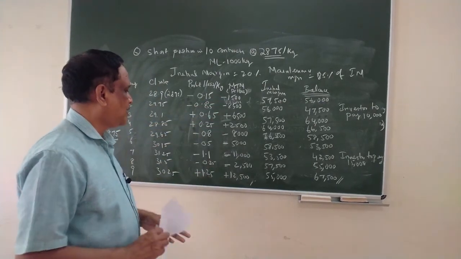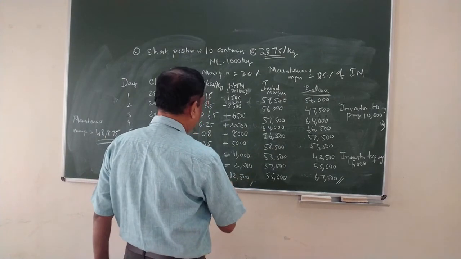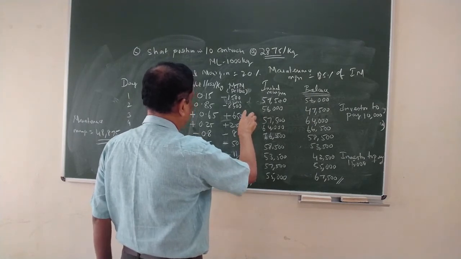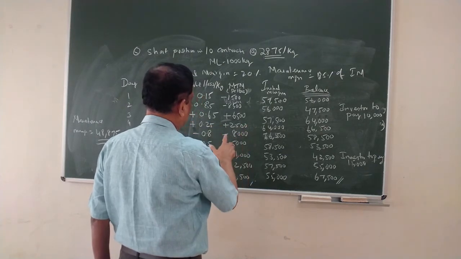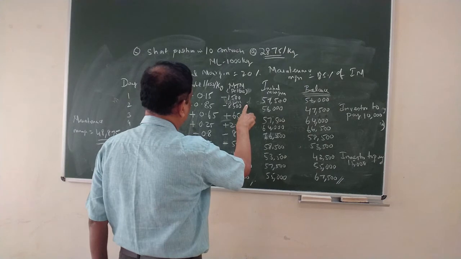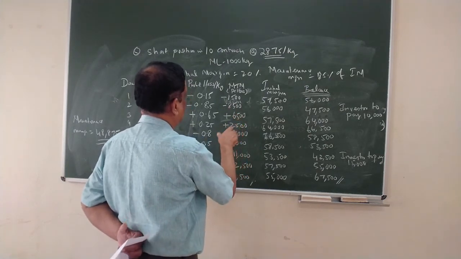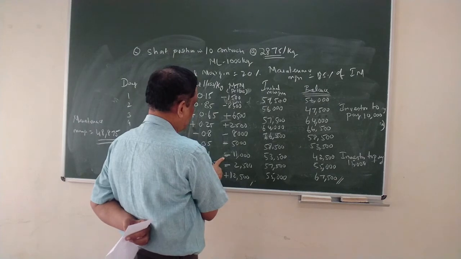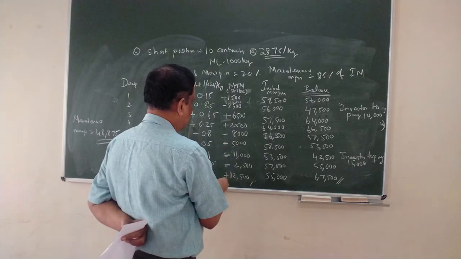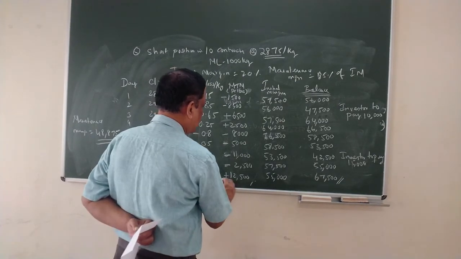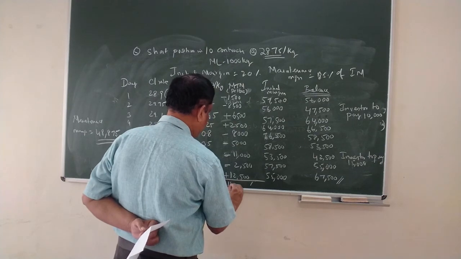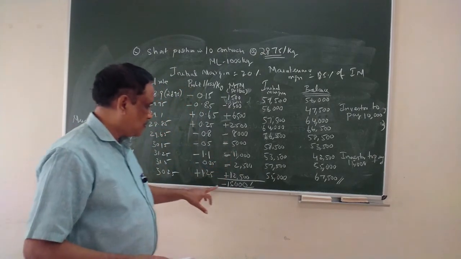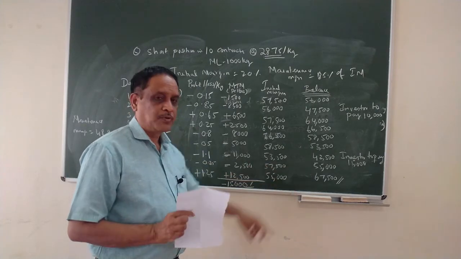So this is the MTM: daily how much profit or loss he has made. If you add all this up, you calculate, minus 15,000 is the daily MTM up to the particular date.